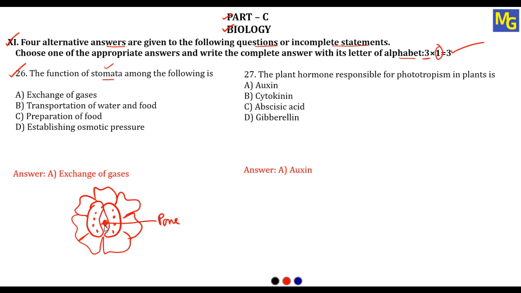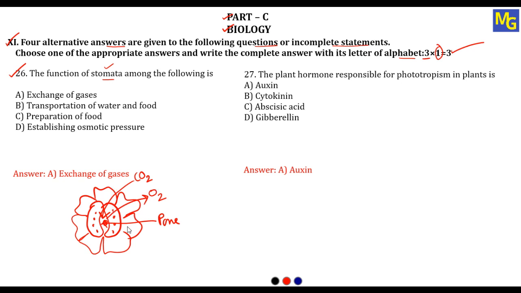Once it gets open, the exchange of gases takes place through this pore. Exchange means what? The unwanted gases will be removed out and the required gases will be taken in. Now, which is the unwanted gas? Here the unwanted gas is oxygen in case of plants. So it will be removed out, and the required gas is CO2, that is carbon dioxide, which is required for photosynthesis. It will be taken in. This is called exchange of gases.